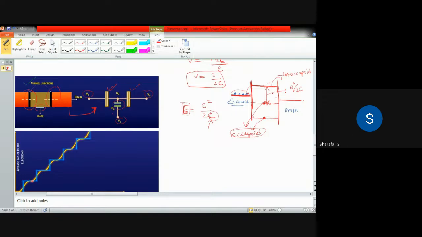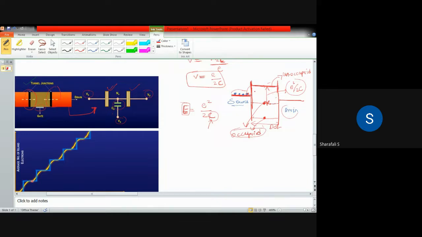So how can we get this electron into this quantum dot? This is the quantum dot, this region, and this is the drain. In order to get that, we have to provide this much energy.